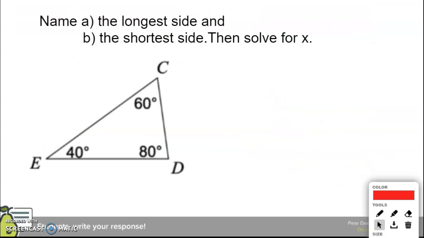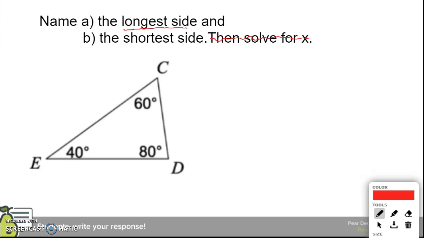Okay, this one is asking you to name the longest side and the shortest side, then solve for x. Well, I'm sorry, there is no x to find, so I am going to cross that out. So we just need to find the longer side and the shorter side. How do we know which is the longer side? The longer side is going to be across from the largest angle.